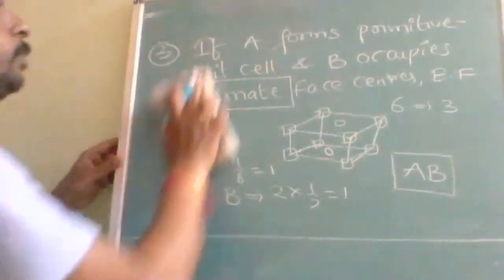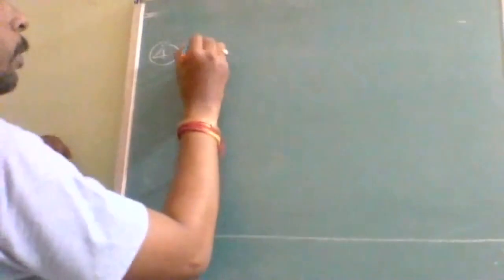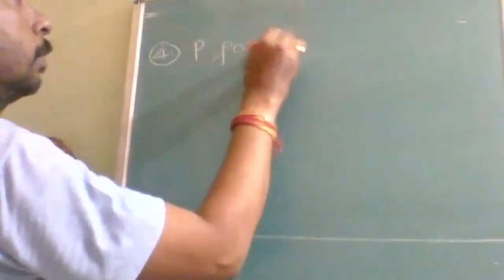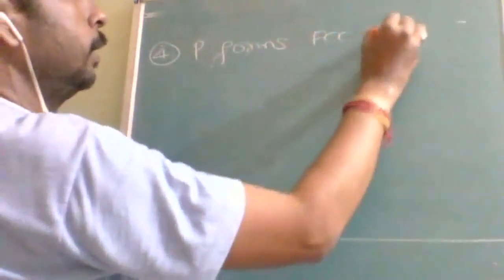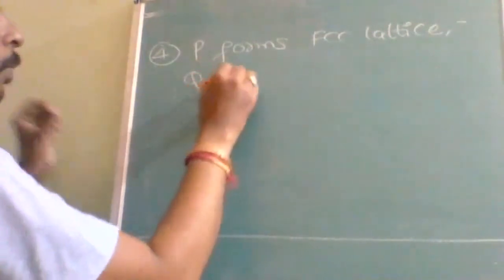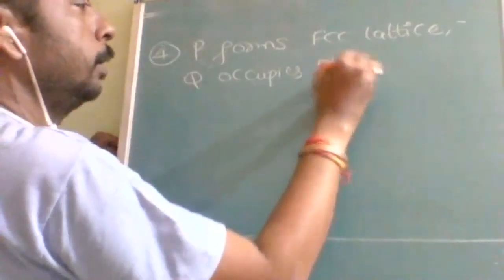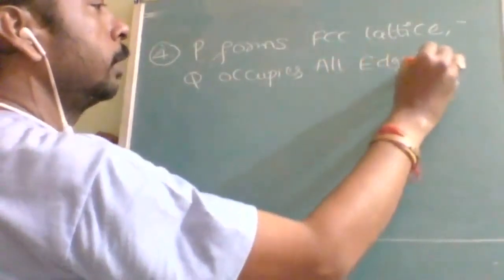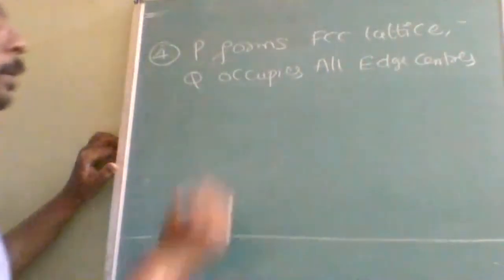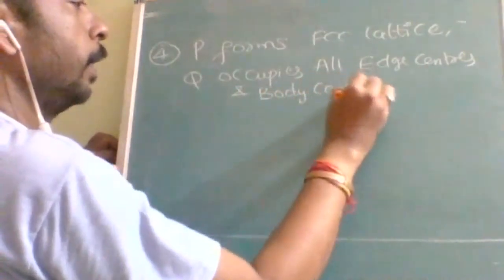Next question is, P forms FCC lattice. Q occupies all edge centers, and body center.